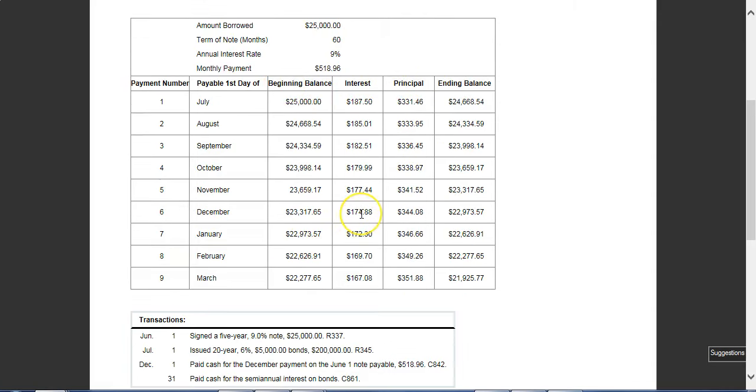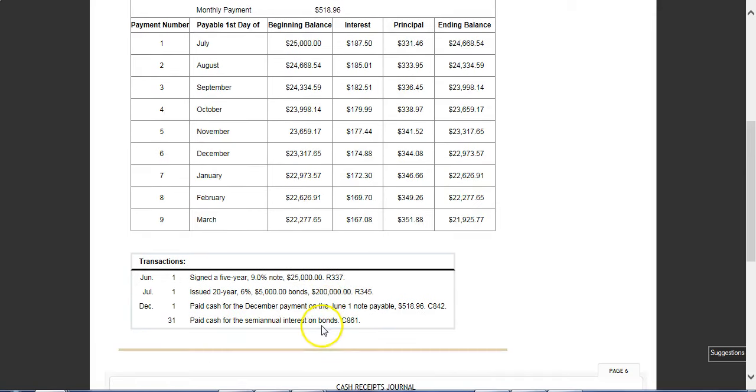So if we look at December, we have $174.88 for interest and $344.08 for principal. We need to put both of those into our cash payments journal. And then our interest expense on December 31st paid cash for the semi-annual interest on the bonds.